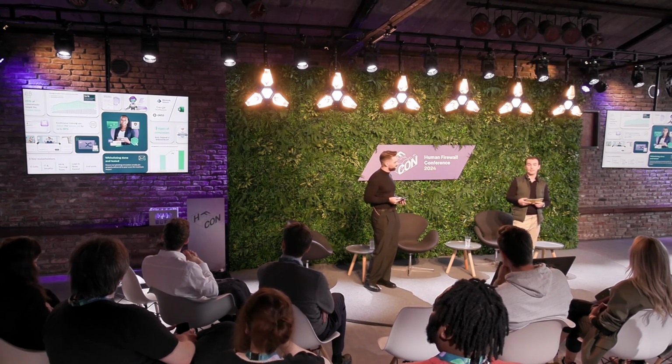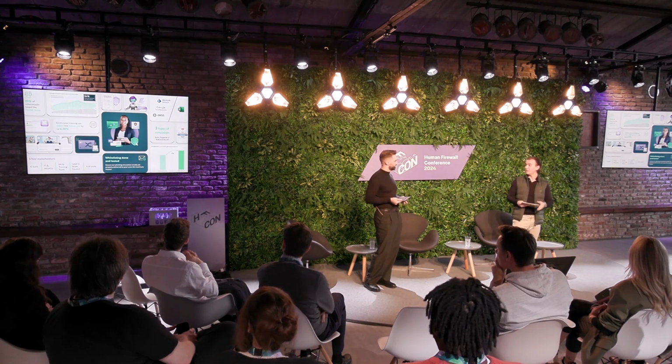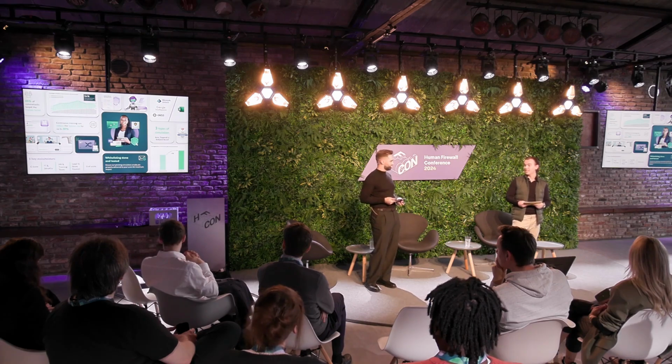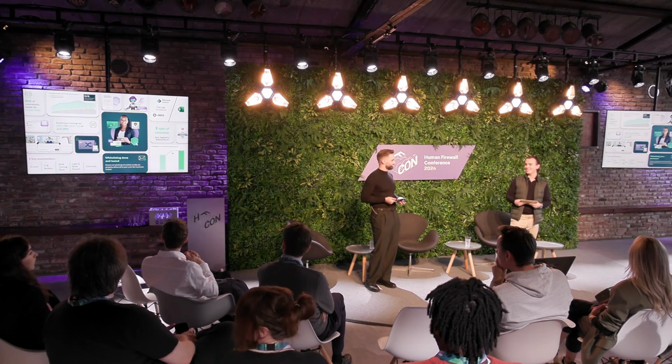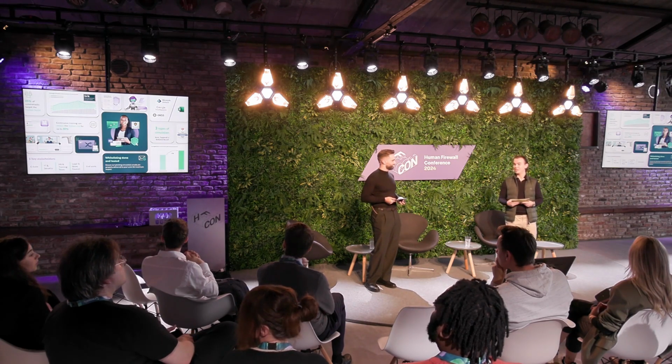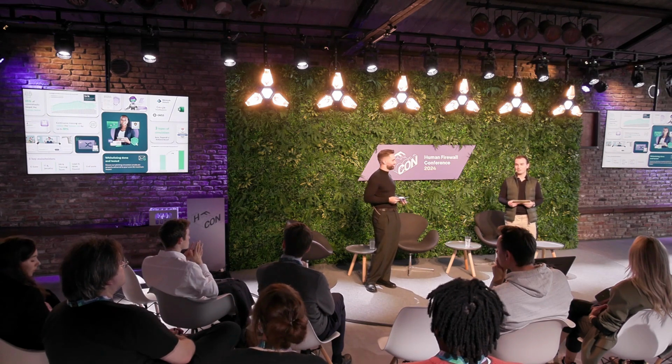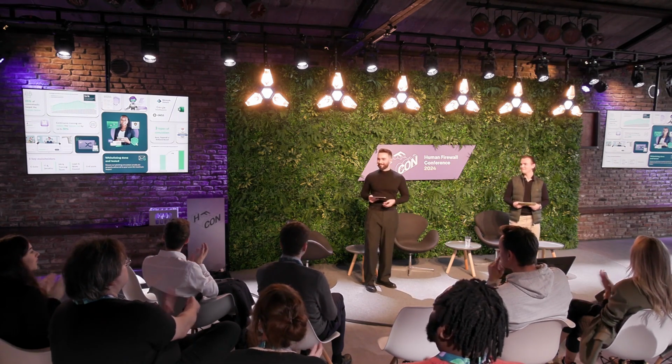Then we covered the topic of e-learning and also the different types of phishing simulation. So that was basically a rough overview of the implementation process. Thank you very much. If you have any questions, feel free to shoot them at us.